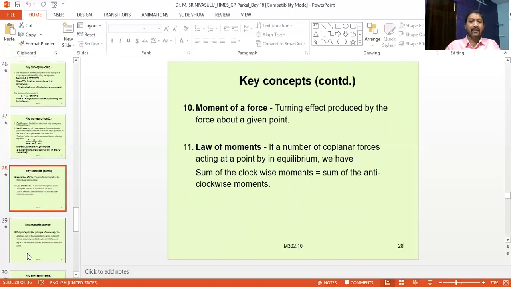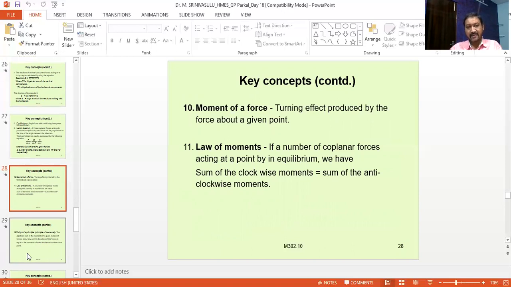Next, we have defined the moment of a force, which is nothing but the turning effect produced in a body, and which is equal to the product of the force and the perpendicular distance between the force and the point. Next, the law of moments.